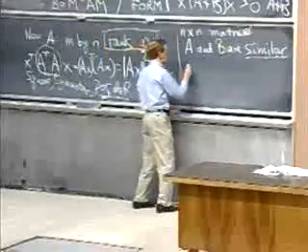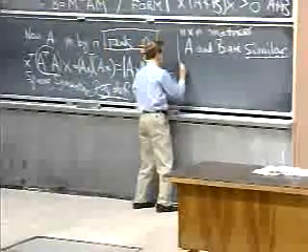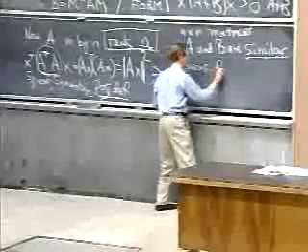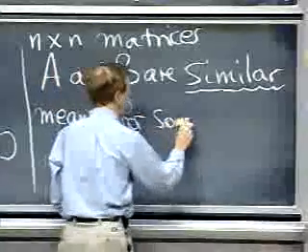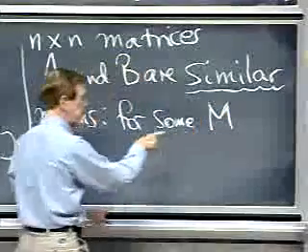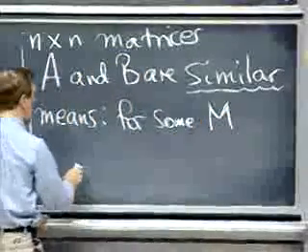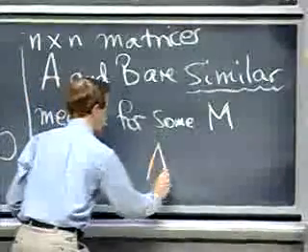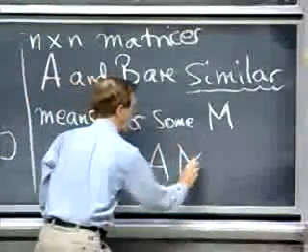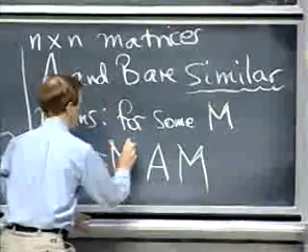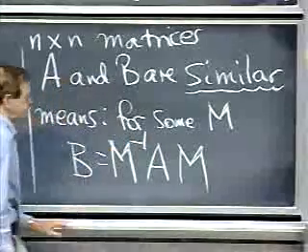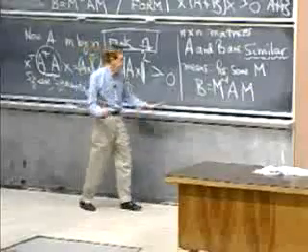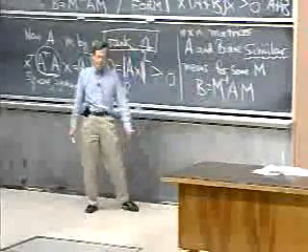That means that for some matrix M, which has to be invertible, because you'll see that, this one matrix is, take the other matrix, multiply on the right by M and on the left by M inverse. So the question is, why that combination?